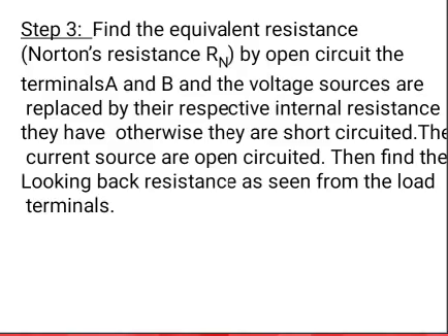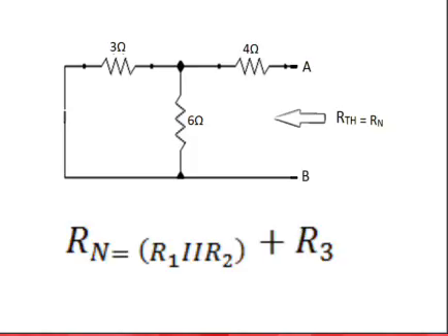Step 3. Find the equivalent resistance, that means Norton's resistance. Open circuit the terminals A and B, and the voltage sources are replaced by their respective internal resistance, otherwise they are short circuited. The current sources are open circuited. Then find the looking back resistance as seen from the load terminals.